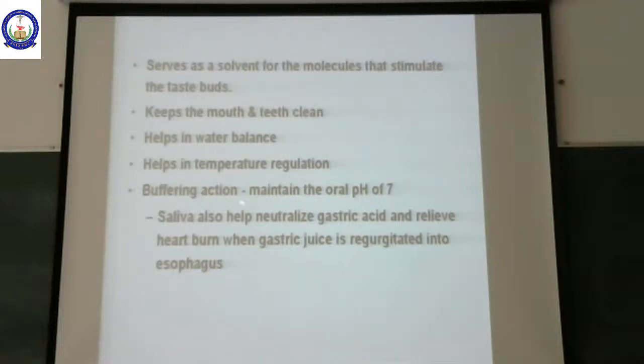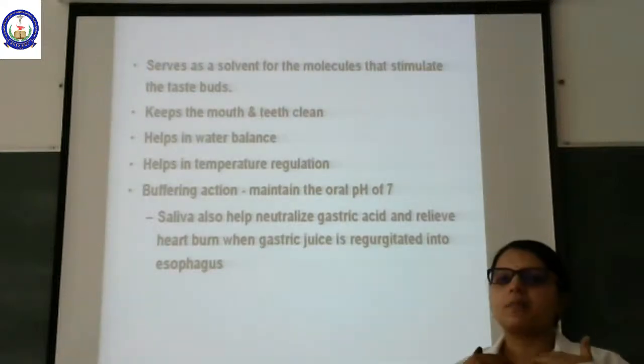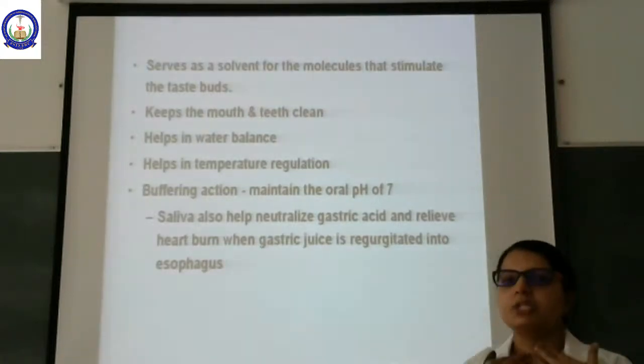Buffering action maintains the oral pH at 7. Salivary juice maintains the oral pH at 7. So saliva also helps in neutralizing the gastric acid that causes heartburn when gastric juice is regurgitated into the esophagus. Sometimes you might have experienced something coming from the abdomen to the mouth.